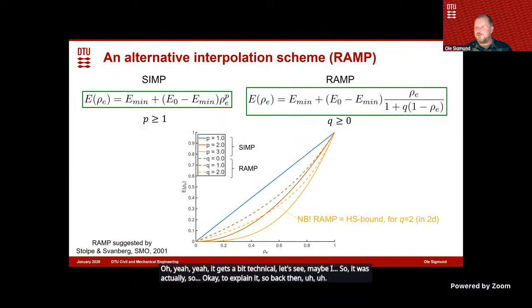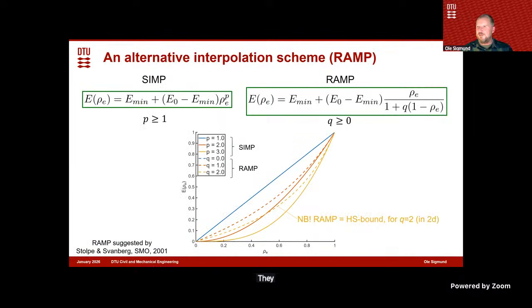Back then, Stolpe and Svanberg wanted to solve the topology optimization to the extreme to get 0-1 solutions. They found that if they used the SIMP approach, no matter how large P was made, they would still sometimes get elements that got stuck in intermediate values. So it was a fairly subtle mathematical exercise.